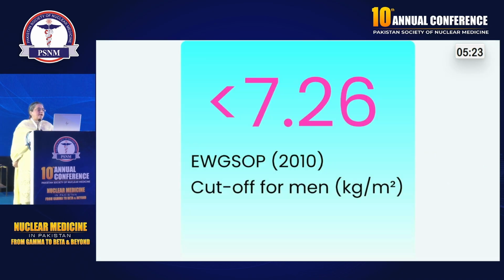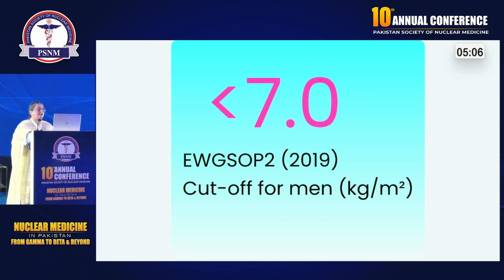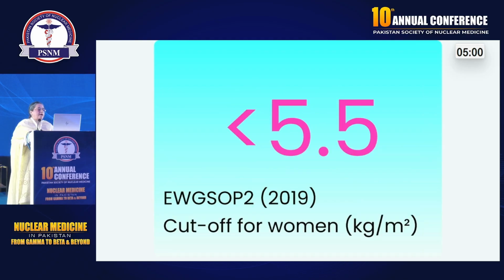This is by the European Working Group on Sarcopenia. It was given in 2010 that a value less than 7.26 is termed sarcopenic, and for females it is 5.45, and they modified it in Consensus 2 and reduced it to less than 7, and for women they reduced it to 5.5.